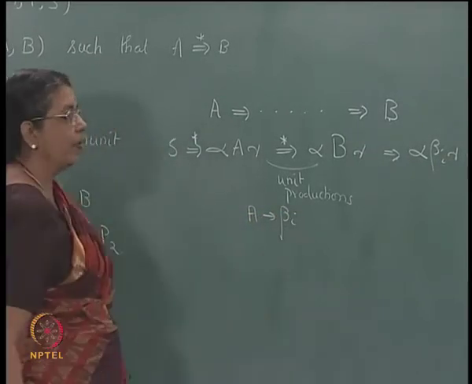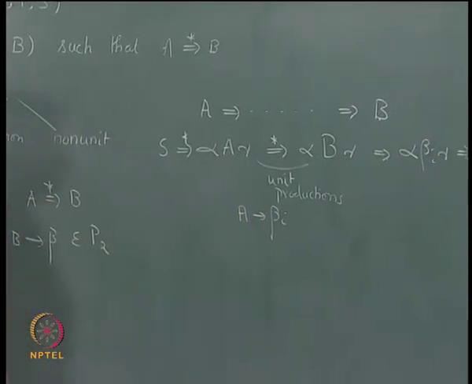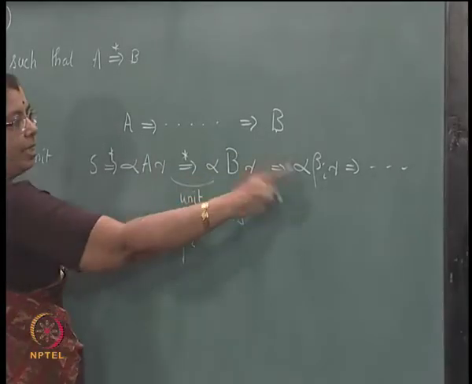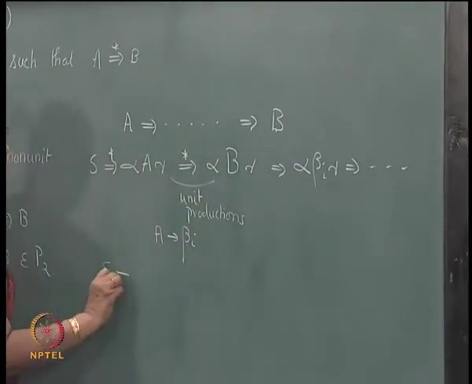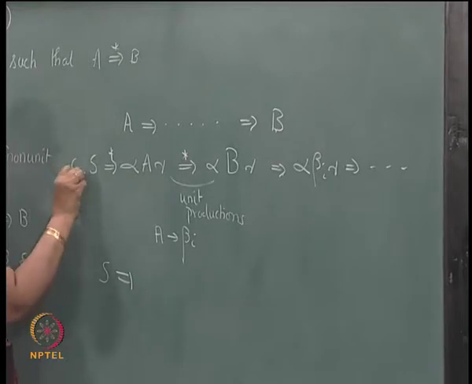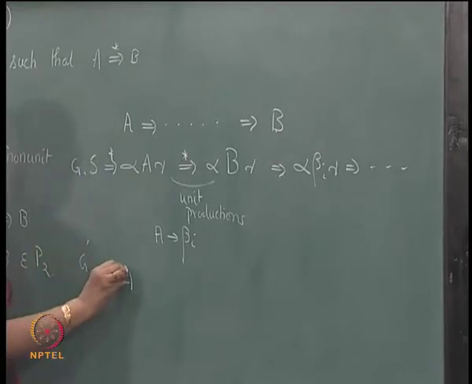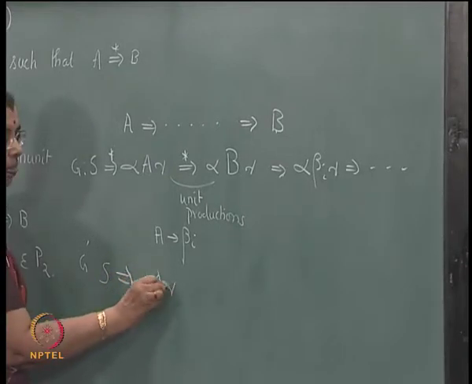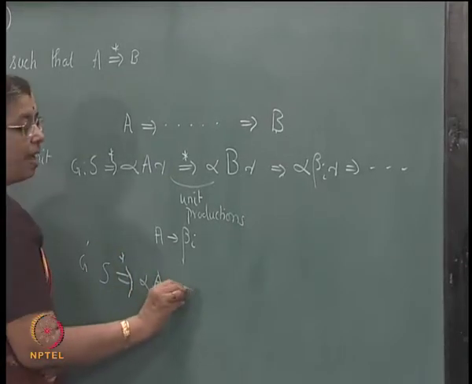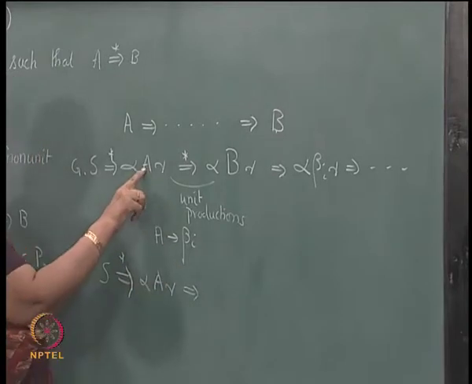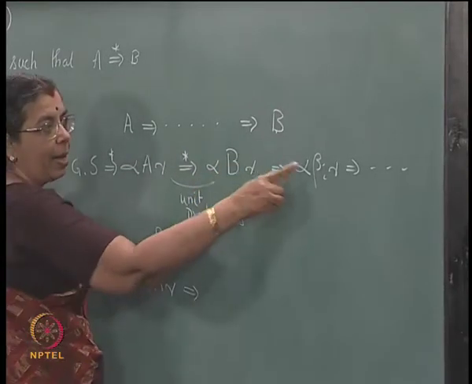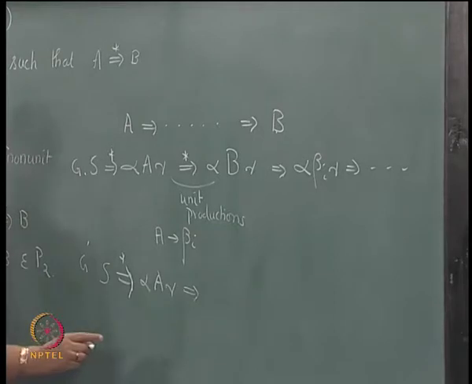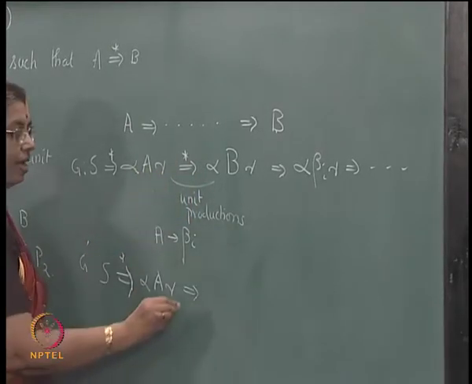So, in G dash, you are getting alpha A gamma, and instead of applying these unit productions and then applying B goes to beta i, you straight away apply A goes to beta i.